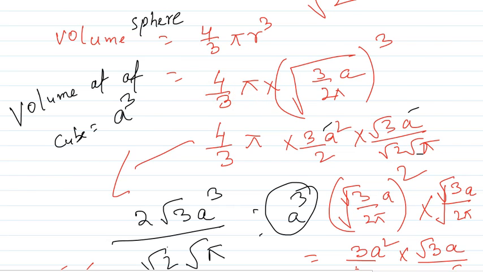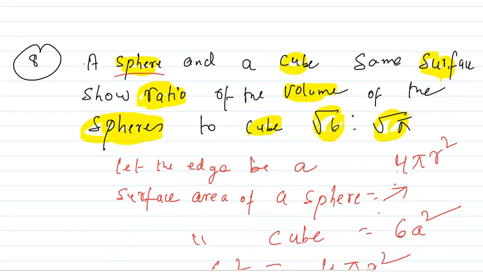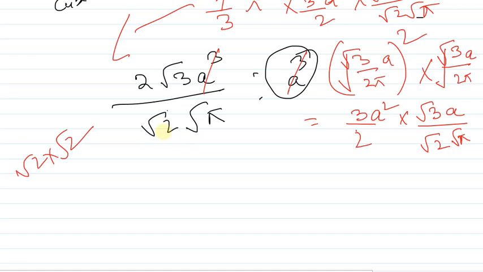Solve, how much is coming? Are you getting the concept of what I am telling you? Very good. So this root 3 a cube and a cube I have cut, and 2 times 3 is 6, which means we have to prove this one. We have to prove, see in the question, root 6 is to root pi. So 2 into root 3, so root 6. All right, root 6.